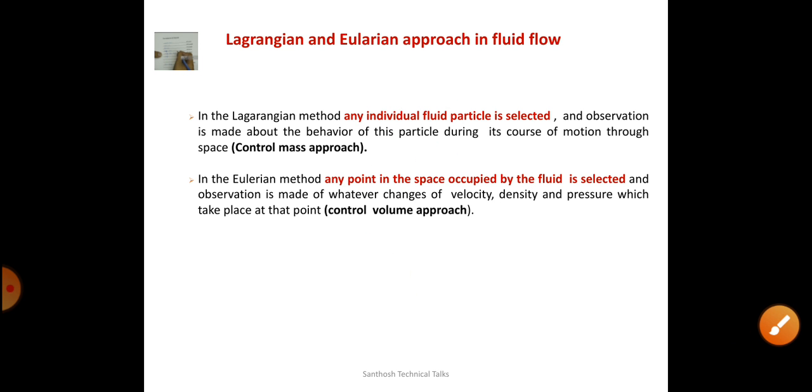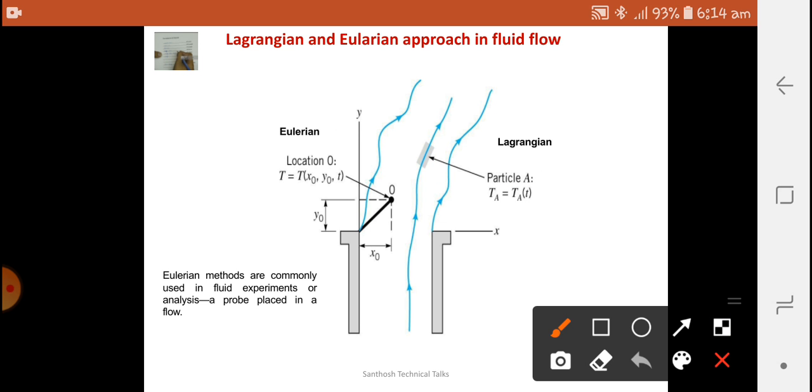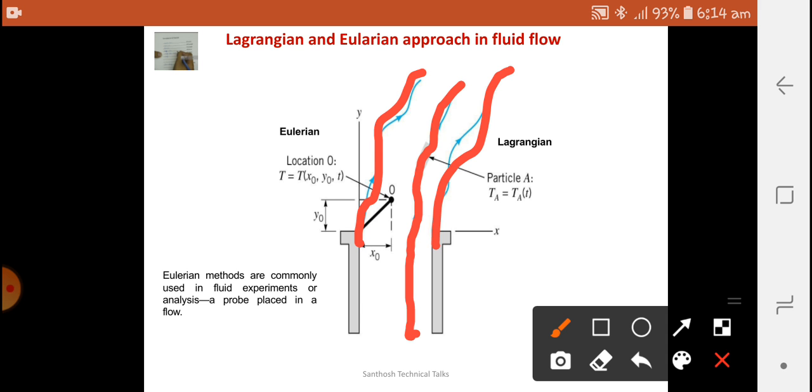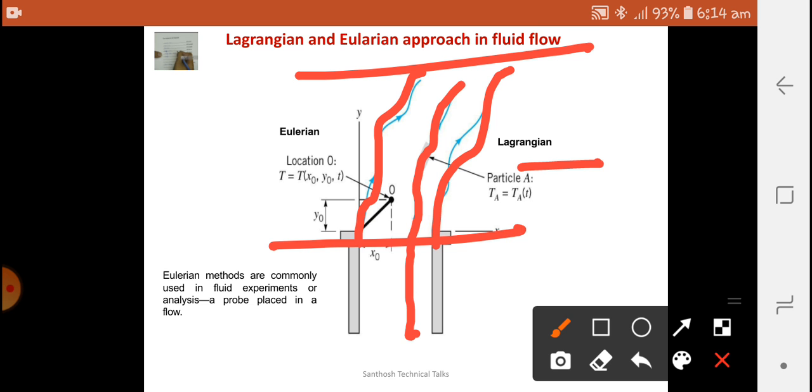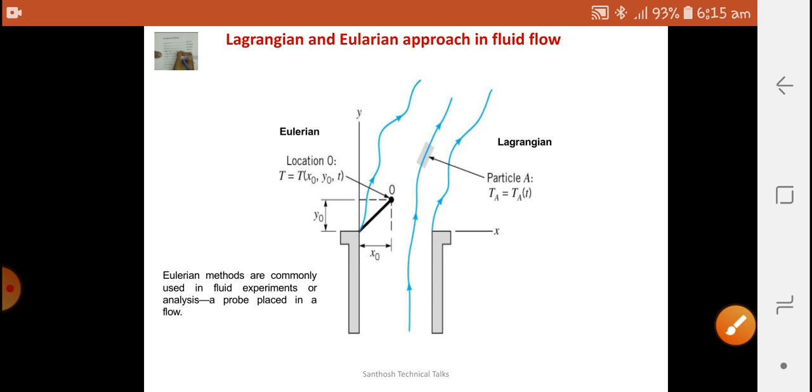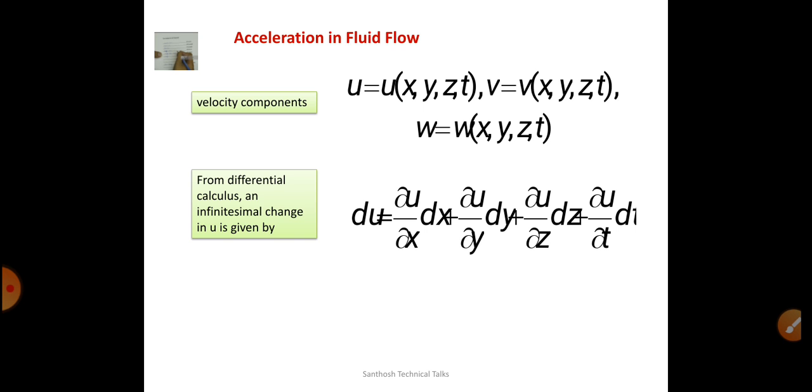Hope you have understood that in Lagrangian an individual fluid particle is selected. So this is the flow stream. If an individual particle is selected, that is the Lagrangian approach. If the stream is selected from this point to this point, it is called the Eulerian approach. Eulerian methods are commonly used in fluid experiments or analysis. A probe is placed in the flow for measuring pressures or velocities or anything else at different times. Here the acceleration of the fluid particle has to be known.